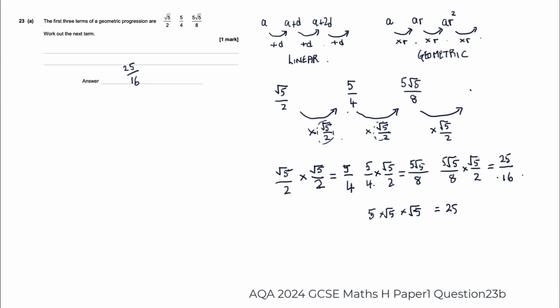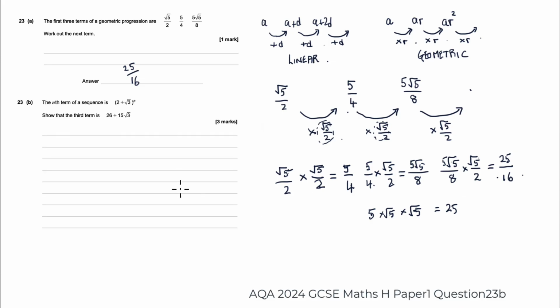Now let's have a look at part B. And here we're asked to find the third term of a sequence where the nth term is (2 plus root 3) to the power n.